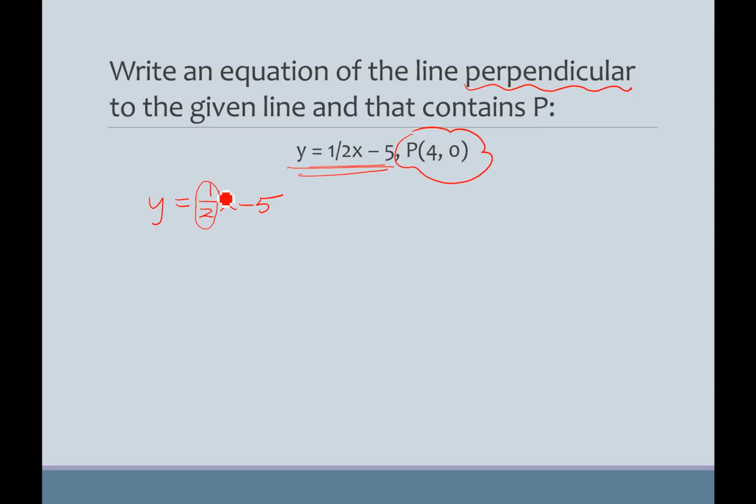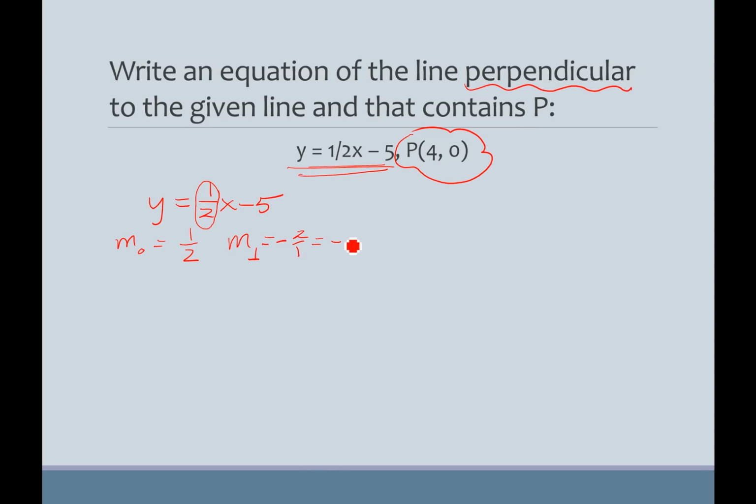We know that the slope of this line is 1/2. Remember, I used that notation saying the slope of the original is 1/2, O for original, and then the slope of the perpendicular here. If my slope of the original line is 1/2, then for the slope of my perpendicular, I'm going to flip the 1/2 to be 2/1 and make it its opposite.